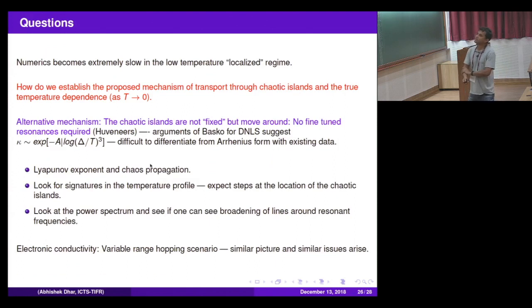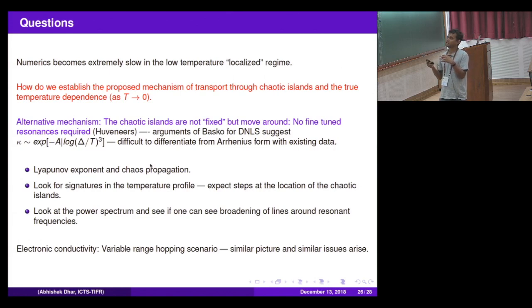Okay, so some questions that remain are, how do we really establish this proposed mechanism of transport through these chaotic islands and the true temperature dependence? One alternative mechanism that I learned from François during this conference is that maybe these chaotic islands are not really fixed, but they move around. In that case, you don't really need this fine tuning of these resonances.